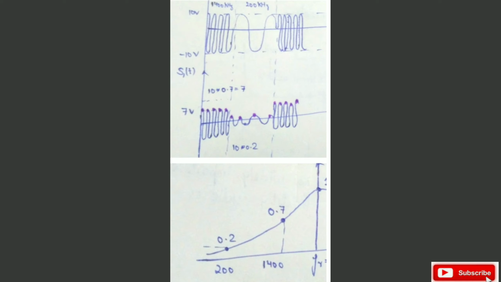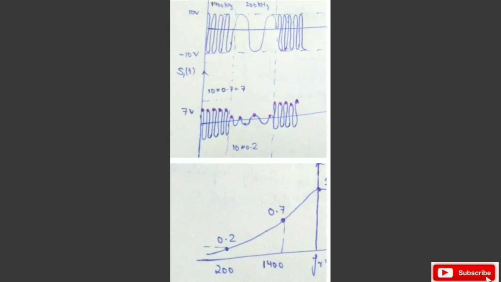So at 14 kHz, in the gain characteristic, the amplitude value is 0.7. We know that the carrier signal amplitude is 10, and in the frequency modulated signal the amplitude of the carrier will not change. So the resultant frequency modulated signal amplitude is the same as 10 volt.